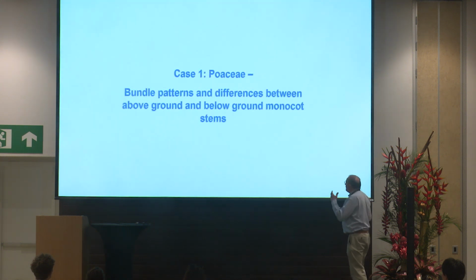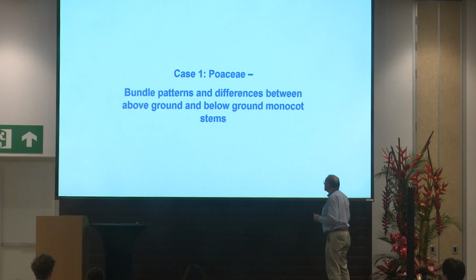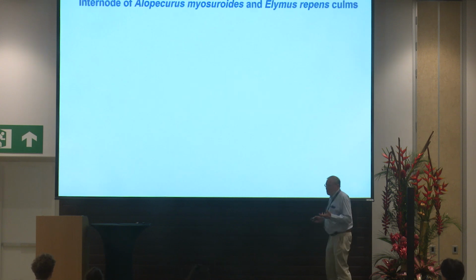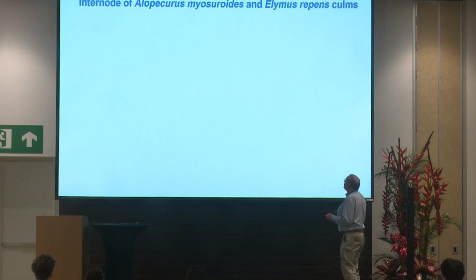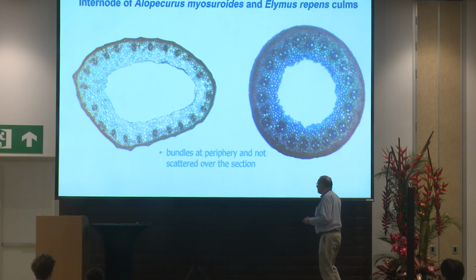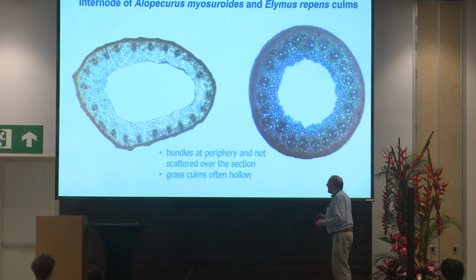So when you look at other species, like blackgrass, which grows in Europe, and quackgrass, you see that the bundles are arranged almost ring-like at the periphery, and in quackgrass it's almost the same. So bundles are not scattered over the section. And as Lynn already stressed, many culms are hollow.